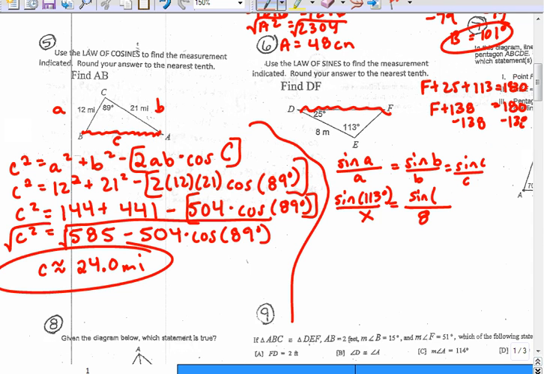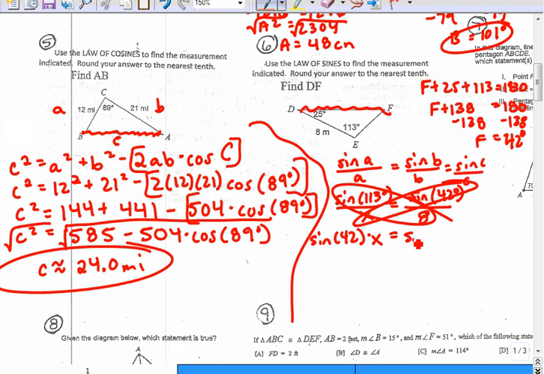So if I subtract 138 from both sides, F is equal to 42 degrees. Okay, so now I'm going to cross multiply. So the sine of 42 degrees times X is equal to the sine of 113 times 8.